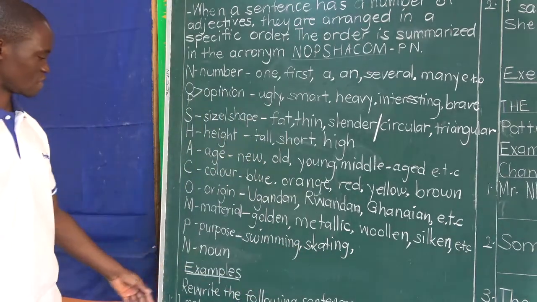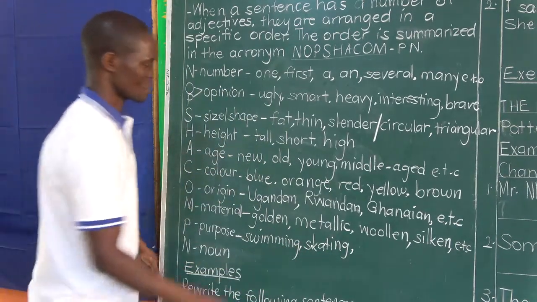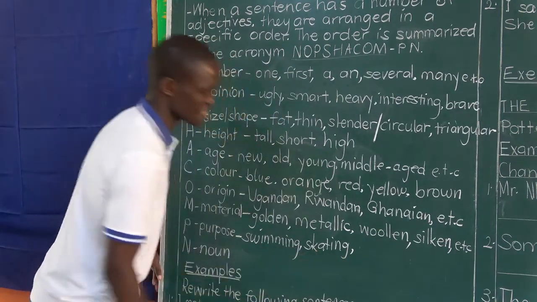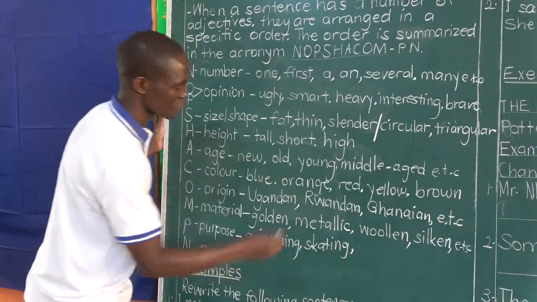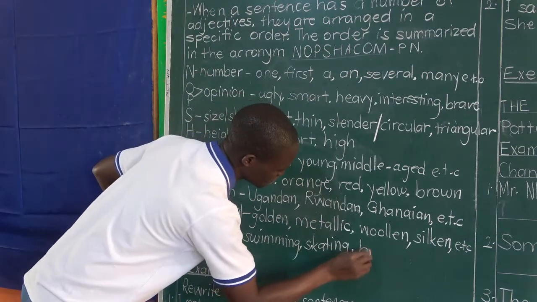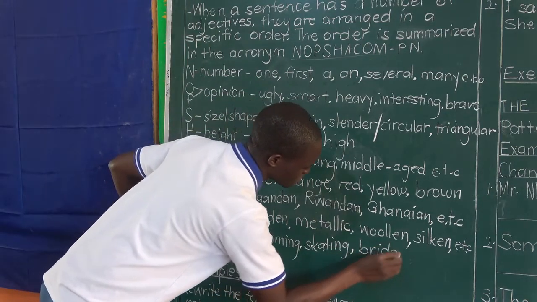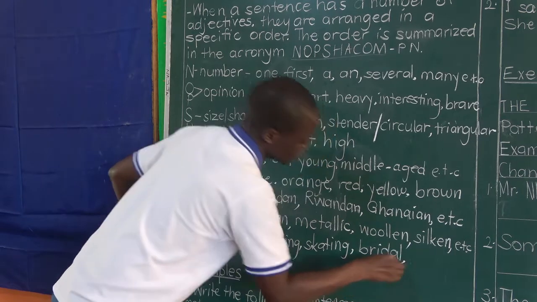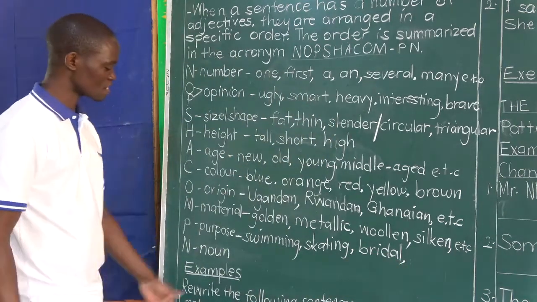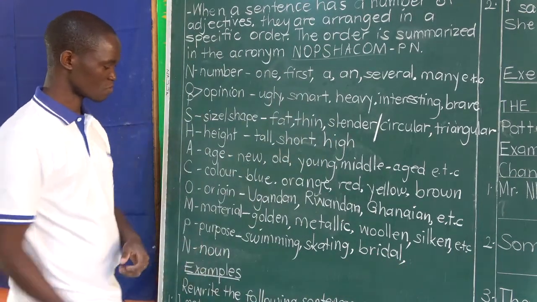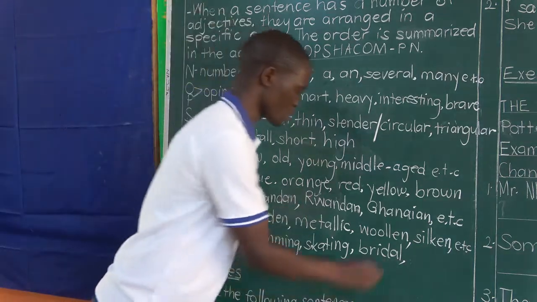Let's think of others that do not end in ing. We have a car that is used to drive the bride, and that is bridal. So bridal is an adjective telling us the purpose of the car we have mentioned in our sentence.